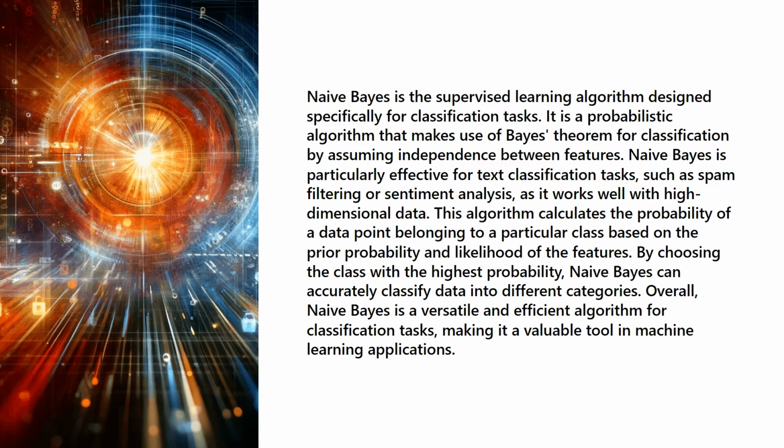This algorithm calculates the probability of a data point belonging to a particular class based on the prior probability and likelihood of the features. By choosing the class with the highest probability, naive Bayes can accurately classify data into different categories. Overall, naive Bayes is a versatile and efficient algorithm for classification tasks, making it a valuable tool in machine learning applications.